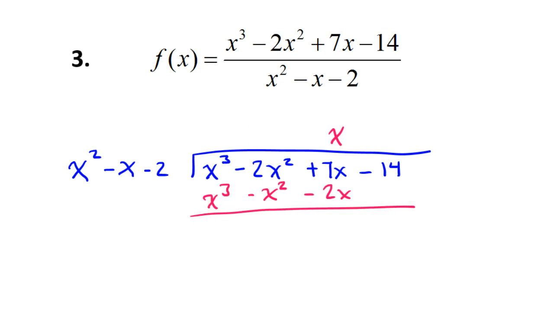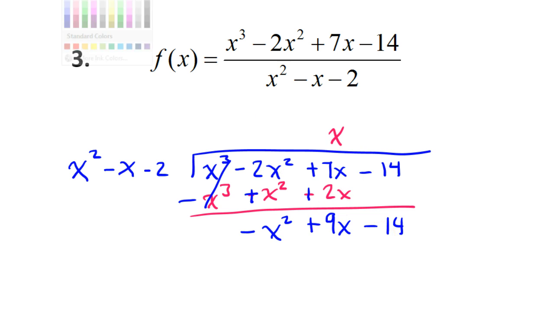All right, to subtract, we change the signs. So this will be minus, and this will be plus, and this will be plus. So these cancel out. So let's see, I've got negative x squared, and then plus 9x, and then minus 14.